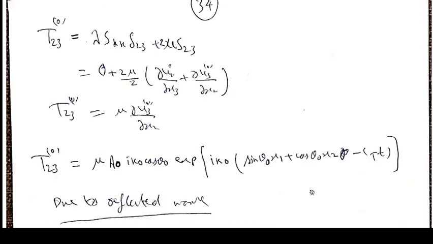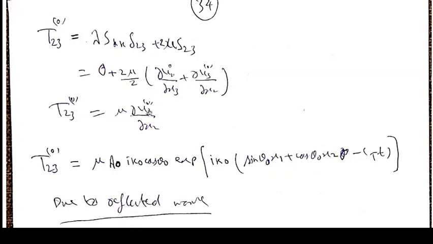Now you will be left with only T23. T23 will be equal to lambda Skk delta 23 plus 2 mu S23. The first term is 0. You have 2 mu S23, which is (partial u2 partial x3 plus partial u3 partial x2) over 2. This 2 will cancel out with the 2 mu, leaving mu, and the u2 term is 0 because u2 is 0.